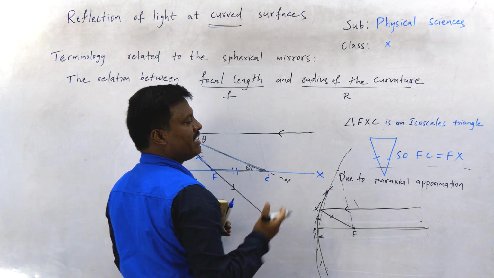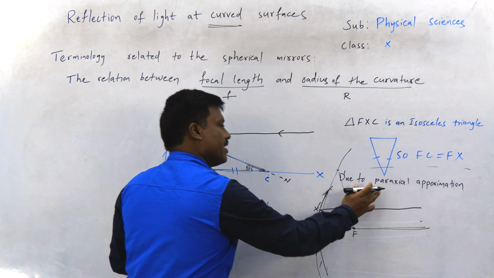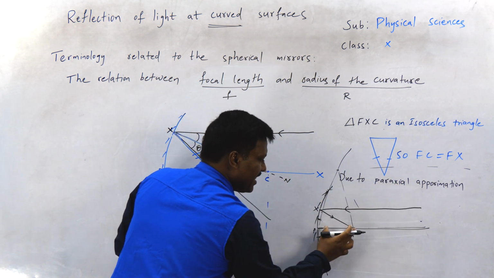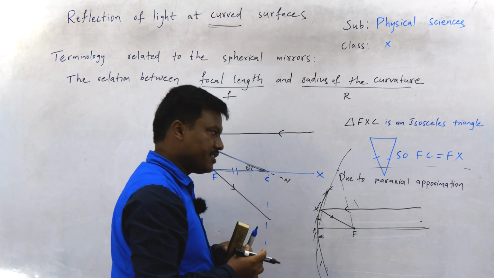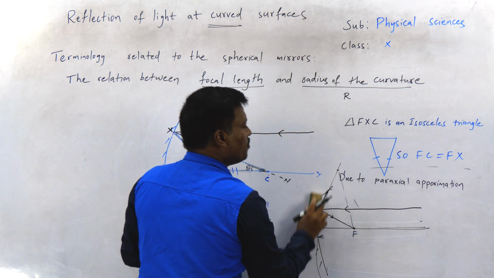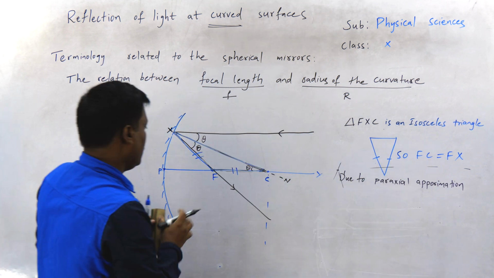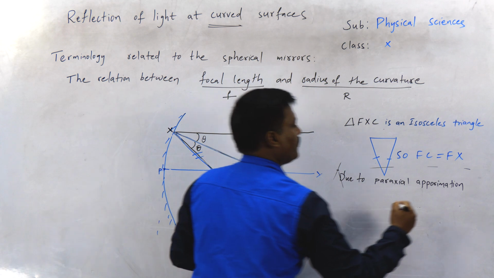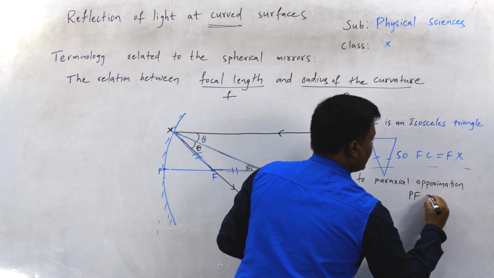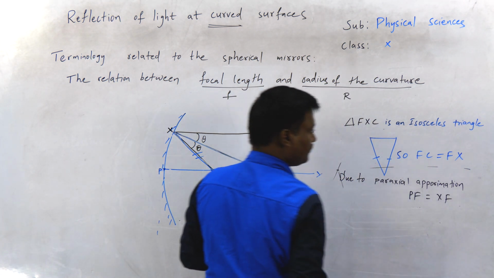No, in this case we cannot say the same. But for paraxial rays, we can say the distances PF and XF are the same. That is why, due to the paraxial approximation, PF is equal to XF.